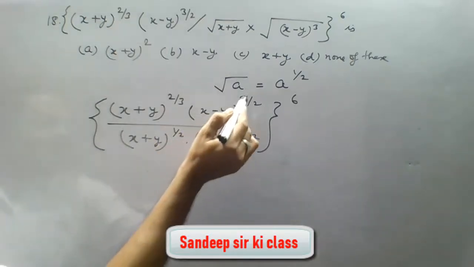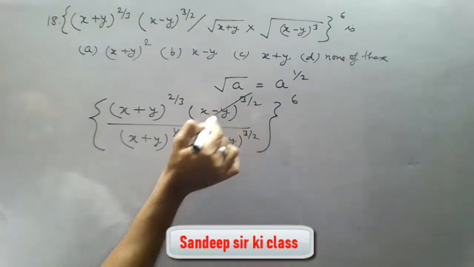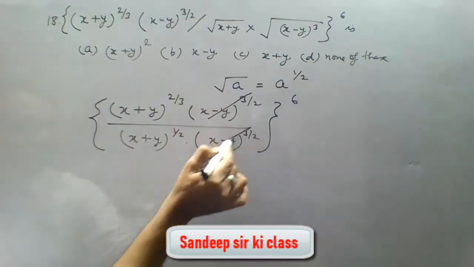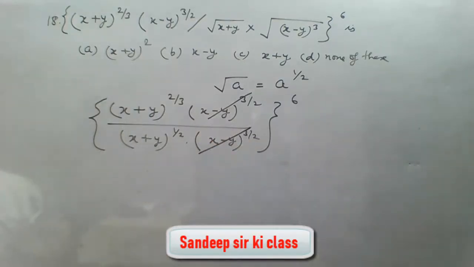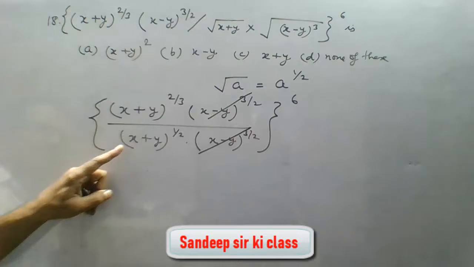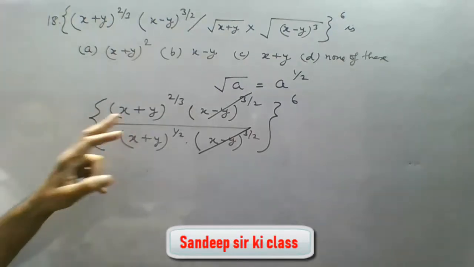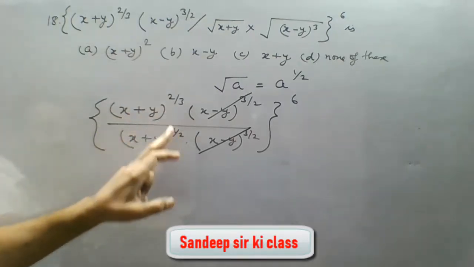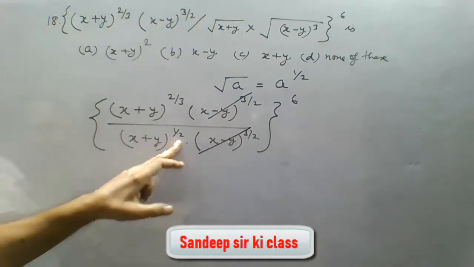Now x minus y to the power 3 upon 2 and x minus y to the power 3 upon 2 are cancelled. Now see the power of x plus y. Here the power is 2 by 3 and here the power is 1 by 2.